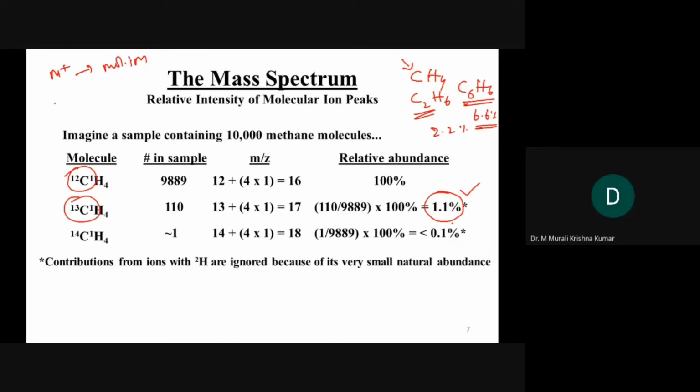And if you see the relative abundance of the M plus 1 ion, and its comparison with M plus, the percentage of M plus 1 ion when compared to M plus will give you the number of carbon atoms. We'll do a few problems so that you will get more clarity. Are you able to understand what I am saying? Hello? Are you able to understand the concept of M plus 1 and M plus 2?